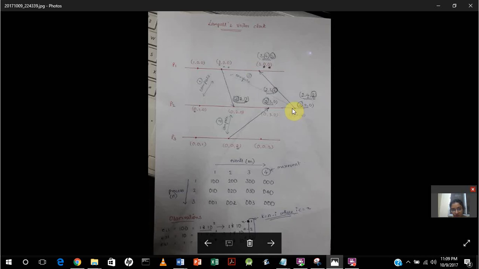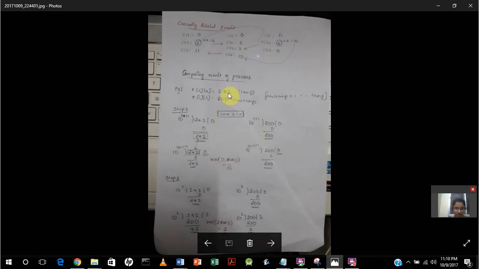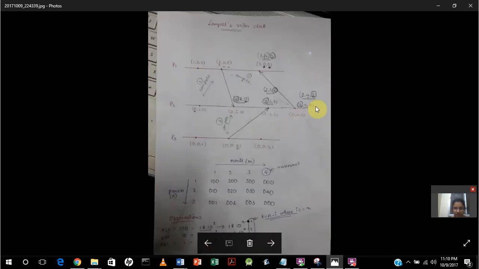compare E of 2, 4 with E of 1, 2 and see the maximum values that I get from these two and add it here if the previous value is greater than the value which is present here. So that is done in this way. I'm supposed to compare this value 242 with 200.